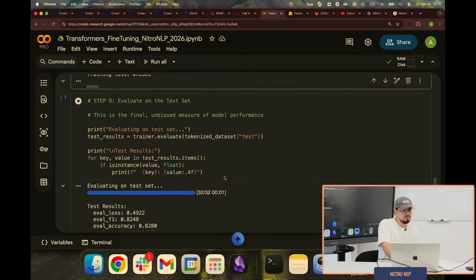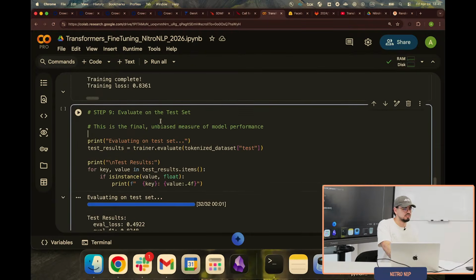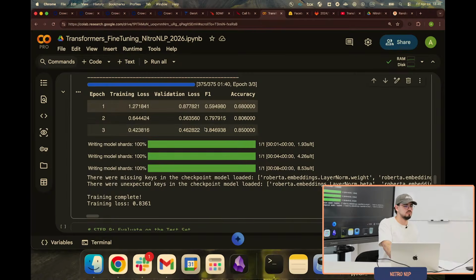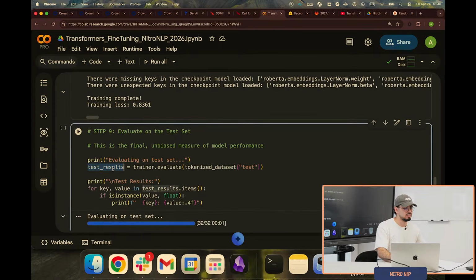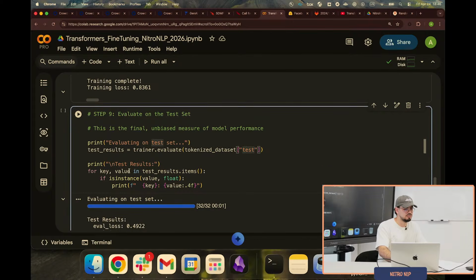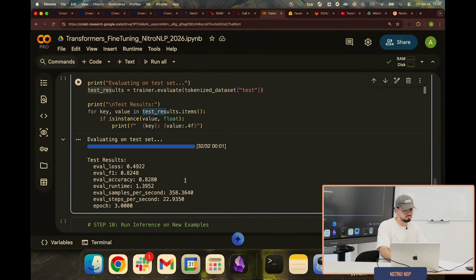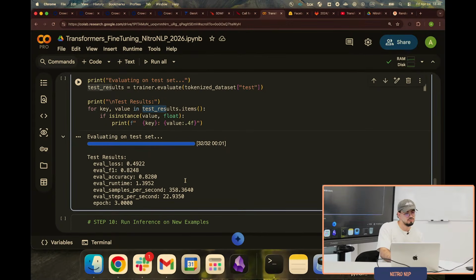All right. We can evaluate on the test set as well, because this tells us that the model is doing fine, but we don't know what it does on unseen data. We can take the test results with the method .evaluate of the tokenized dataset of test, and for each item in test_results, we can print it.